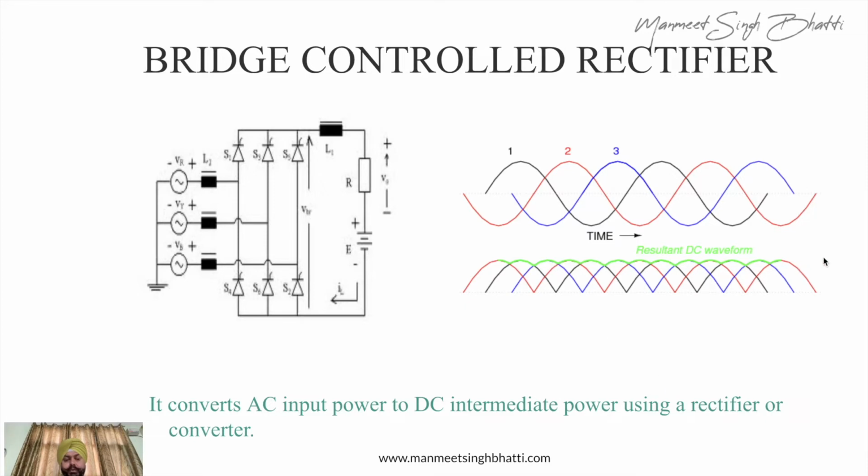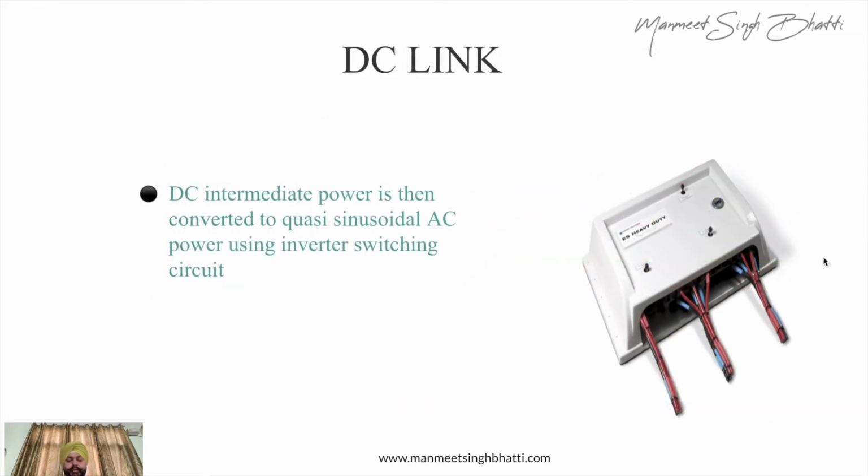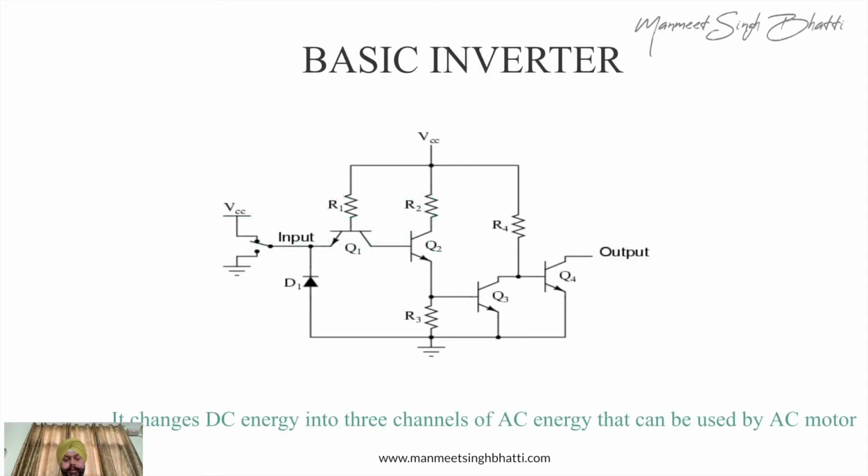So the job of the DC link is to make it quasi-sinusoidal. The kind of disturbance which is in the DC circuit is being reduced by the DC link. So the DC link is trying to smoothen the complete curve, so that it can reduce the losses being created because of that curve.